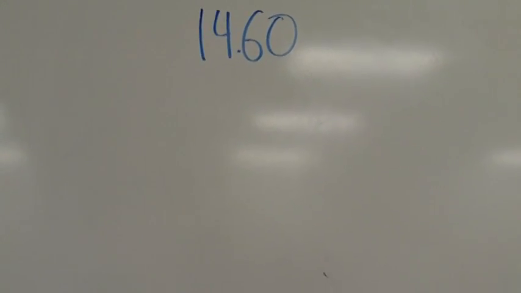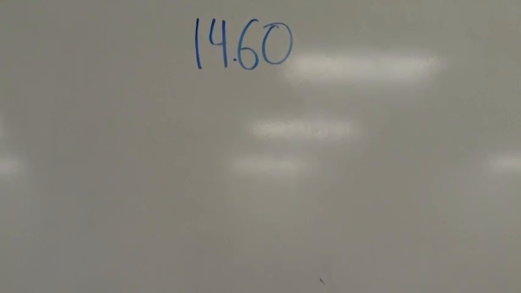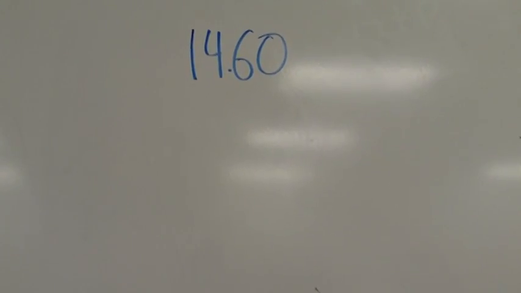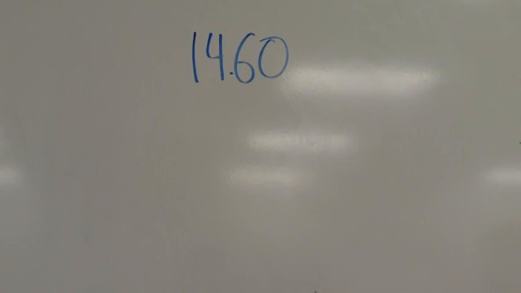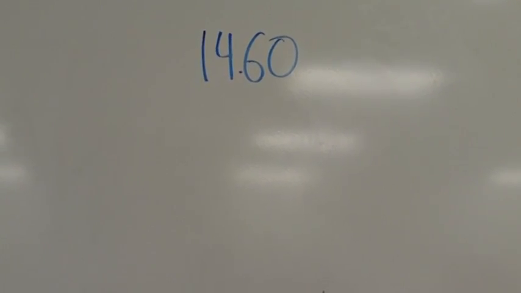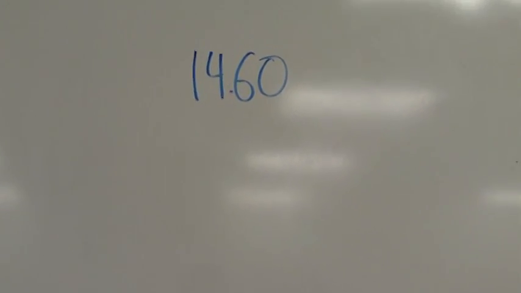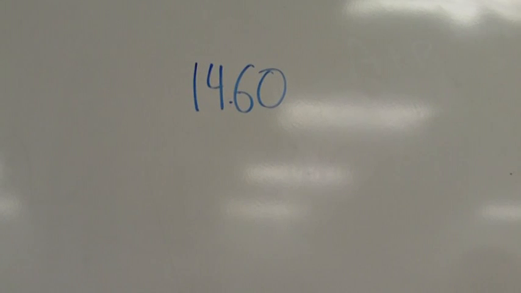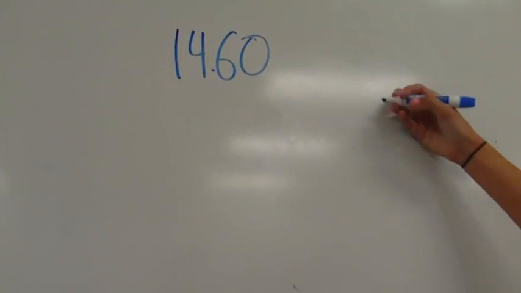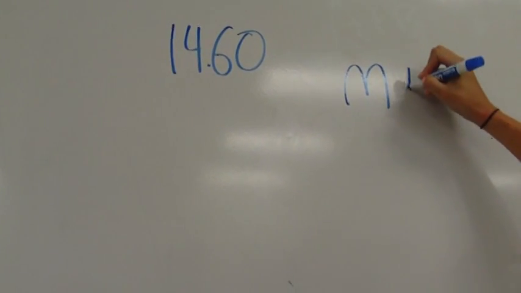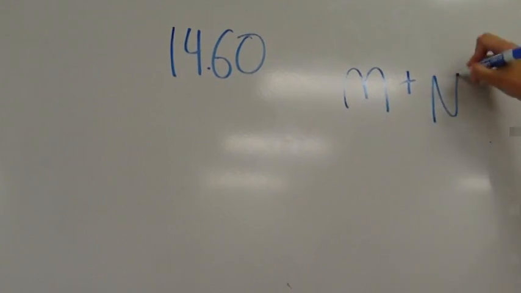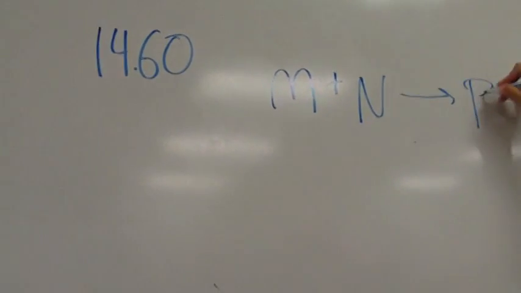And then it wants us to find out what is the rate law for the reaction and what is the value of the rate constant with correct units. So it wants to know the rate law, which is just the equation, and then it wants us to know also the rate constant, which is K. So the reaction is N plus N yields P plus Q.